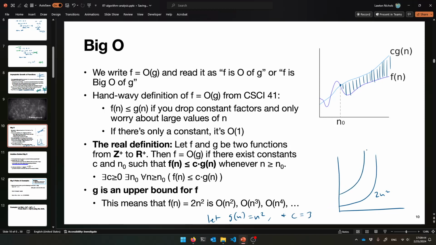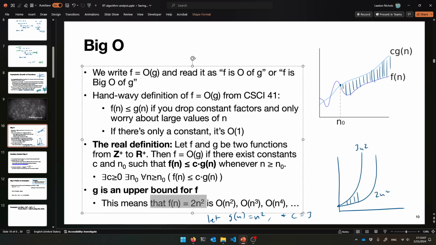Maybe it's still 0 when it's 0, but it's always bigger or equal to 3n squared. So do you see how it's always going to bound it above? It's growing faster after that constant multiplying. And the n naught, you can just make it 0 because it's always going to be bigger. So that's why it's n squared. And it's also n cubed for similar reasons, n to the 4th.